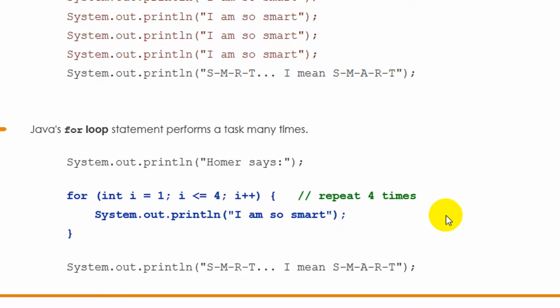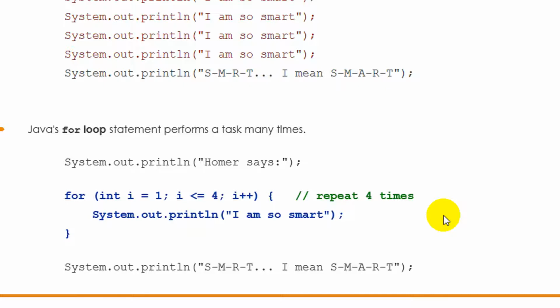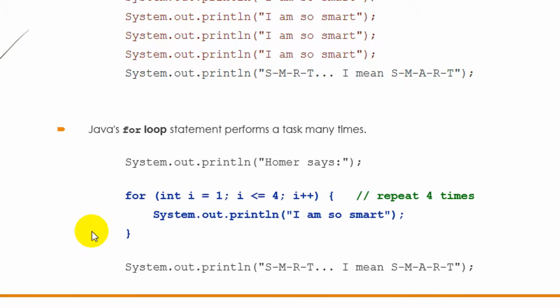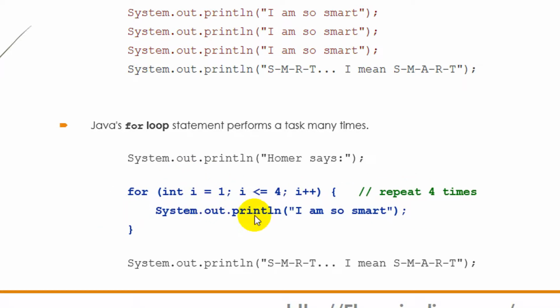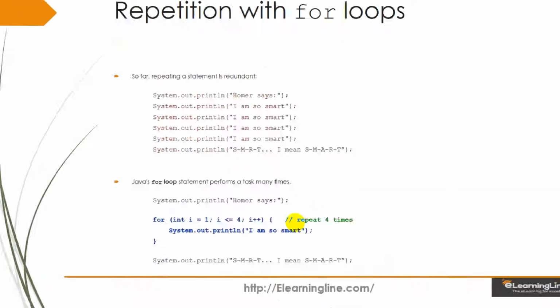This is the way you can use Java's for loop. For integer, this is a for loop. It starts with 1, it ends with 4, i plus plus. So you will repeat this statement 4 times. Let's do the same thing in our program, Eclipse, right?